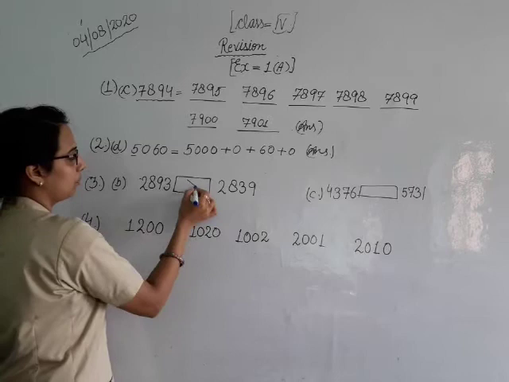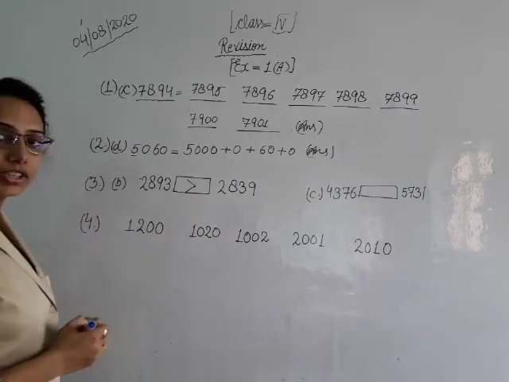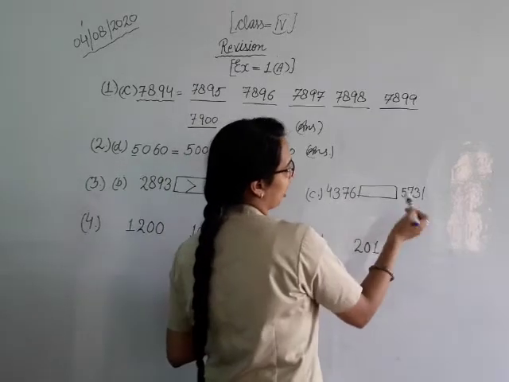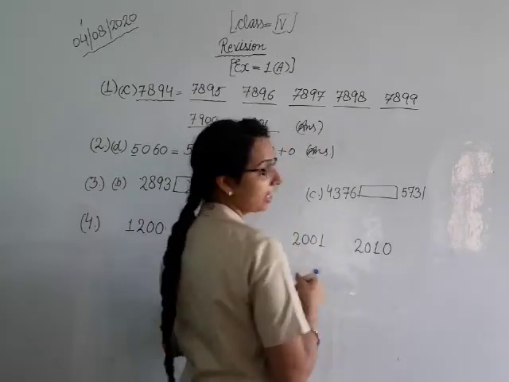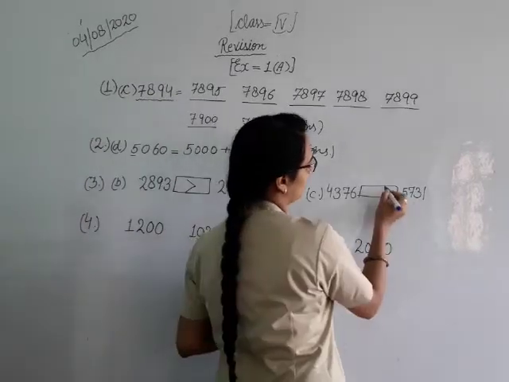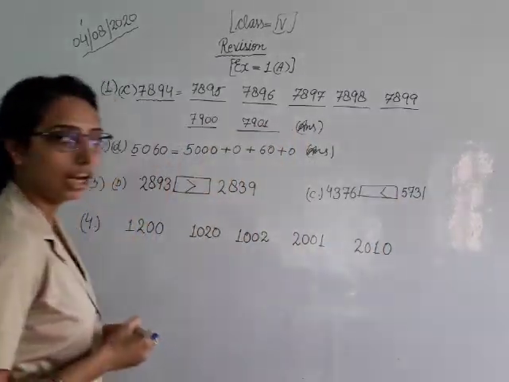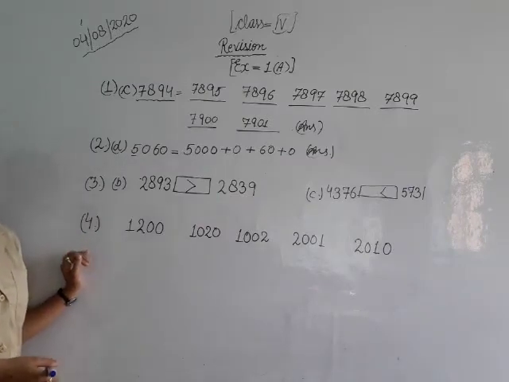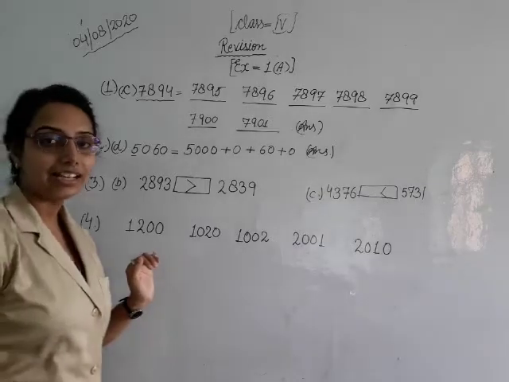So simply we will put this sign here. Understood? Now come to the second part. If we see this 4 and 5, in the first step only we can identify that this number is greater. So which sign we will put here? This one. Understood?